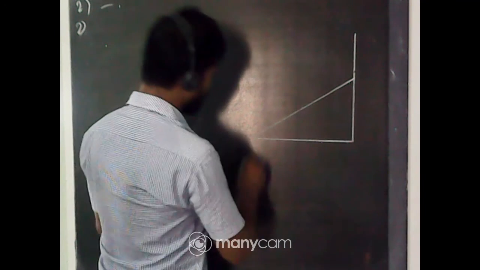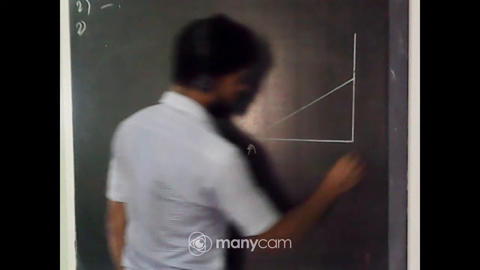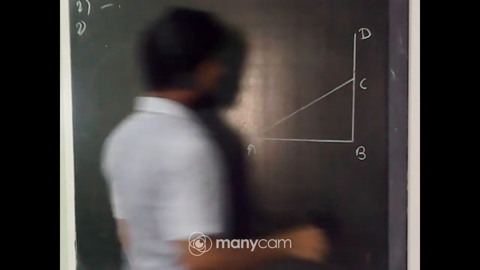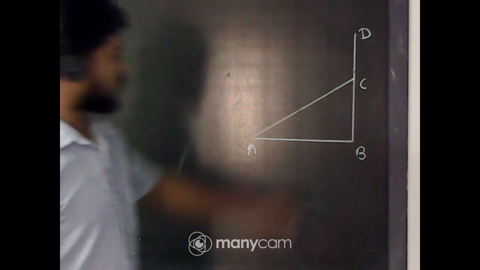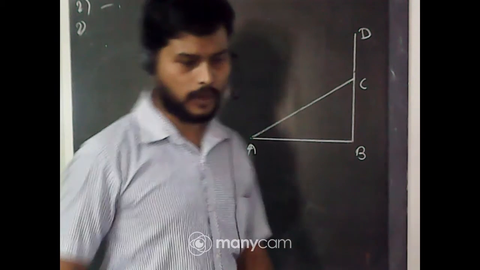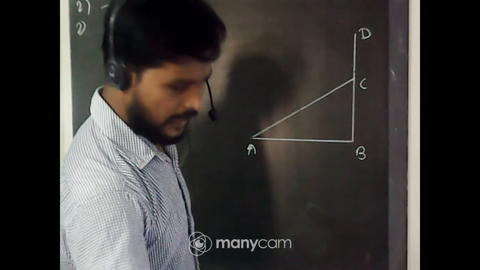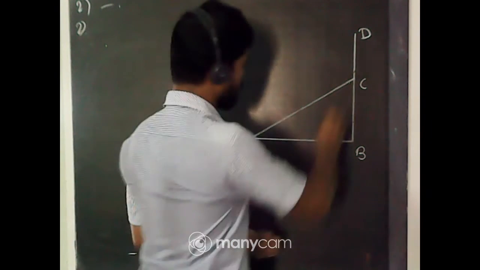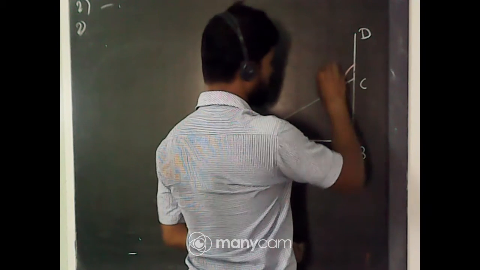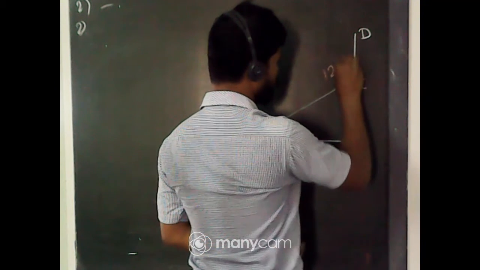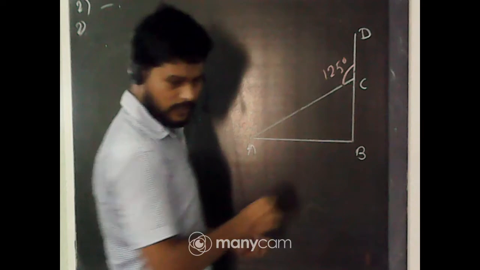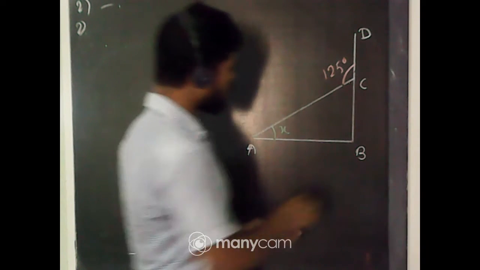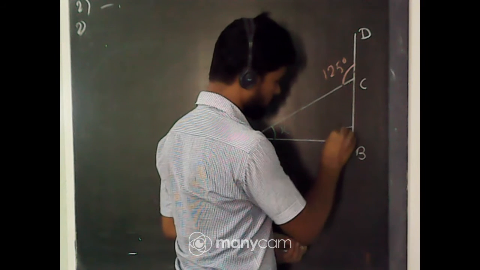We are naming it ABC, and this point is D. In the triangle, the side BC is produced to the point D, and the angles are given as: this exterior angle is 125 degree, this interior angle is x, and one symbol is given here like that.